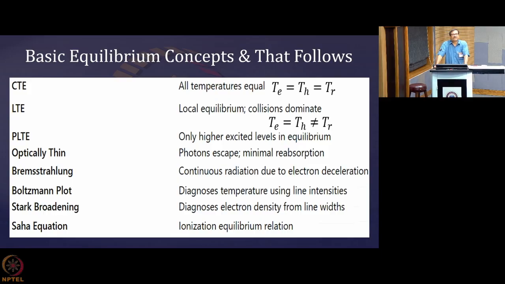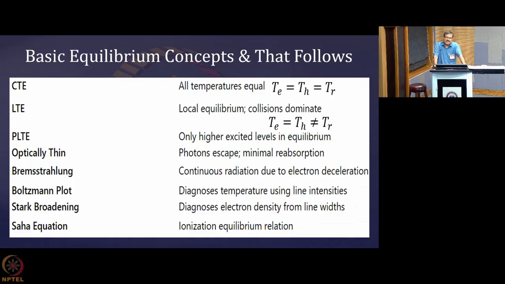Then we had PLTE, partial local thermodynamic equilibrium. Here only the higher excited states were in equilibrium, but not the lower lying ones. So these are the CTE, LTE and PLTE concepts that we have studied in our regular class.